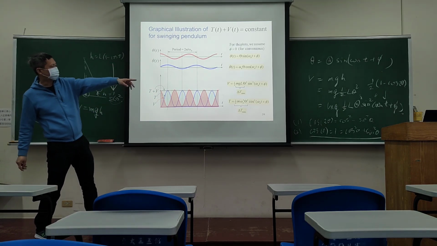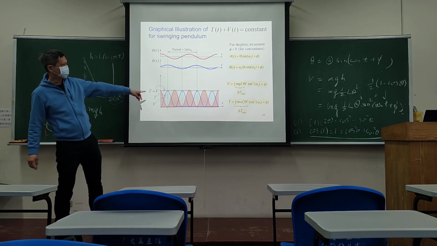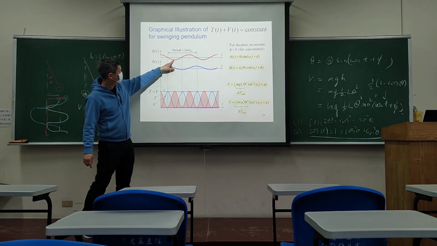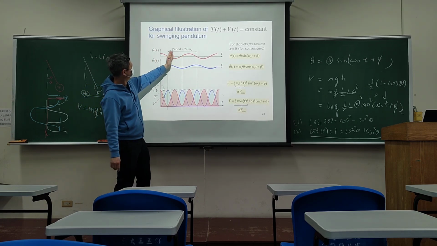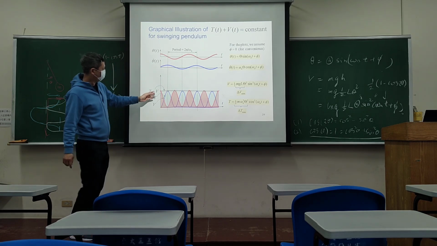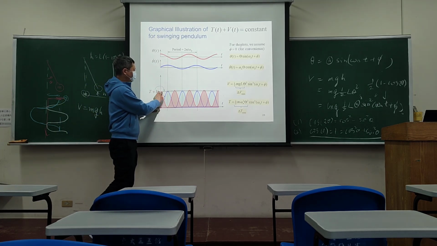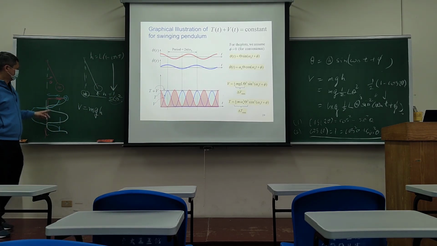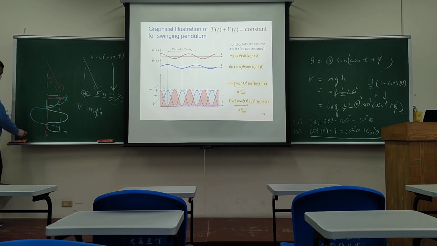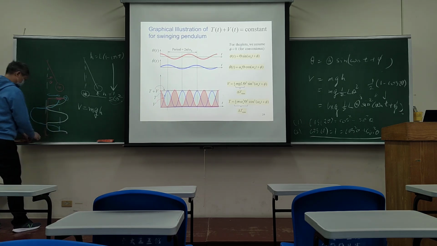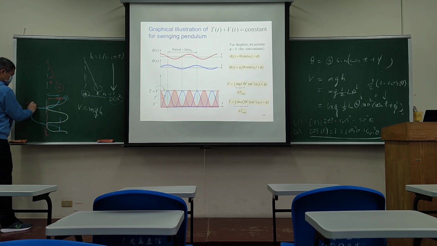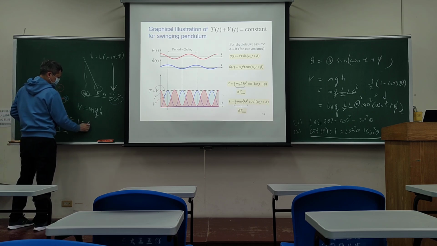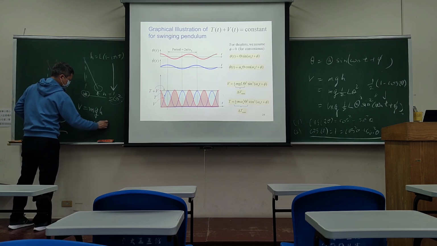So that is the reason why the angle takes a period, and during that period, your energy already changed twice. So the blue line is a sine wave, but this white line is 1 minus cosine 2 omega t.